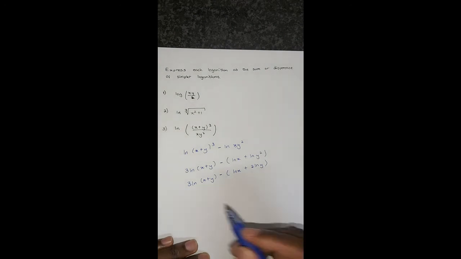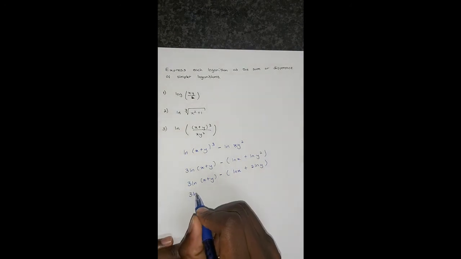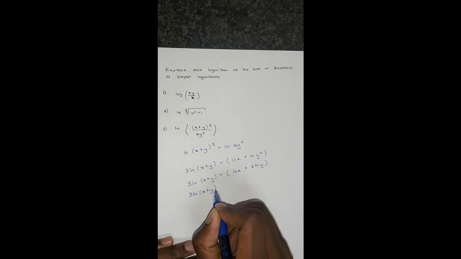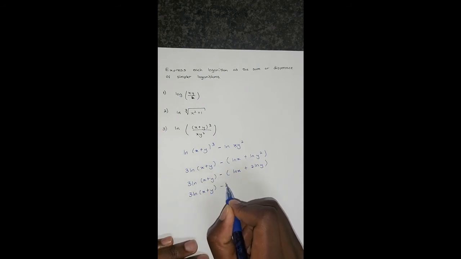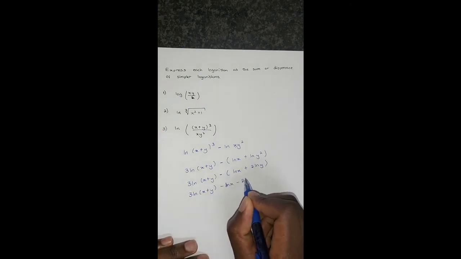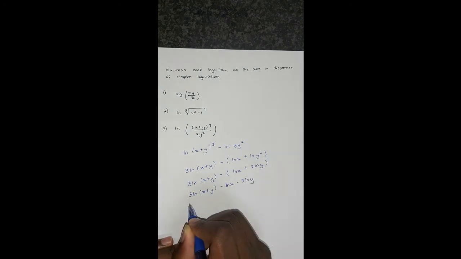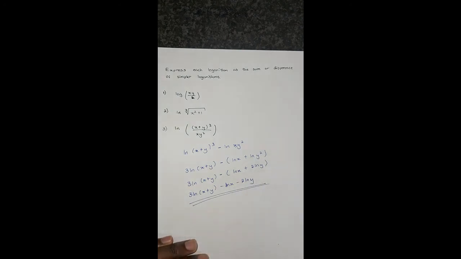And this can be further simplified to 3 ln (x plus y) minus ln x minus 2 ln y, which is quite simple to follow.